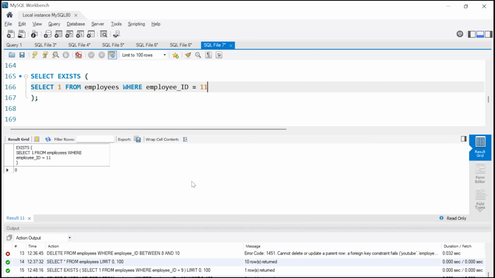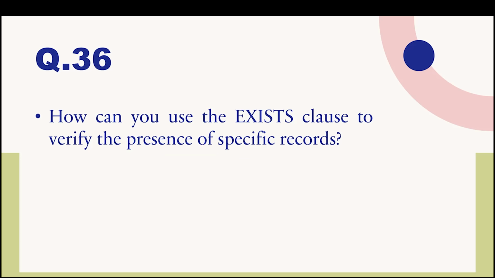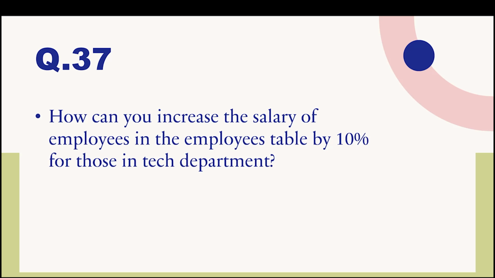Okay, we'll go to the next question. How can we increase the salary of employees in the employee table by 10% for those employees who come under the tech department, or those who are working in the technology department?